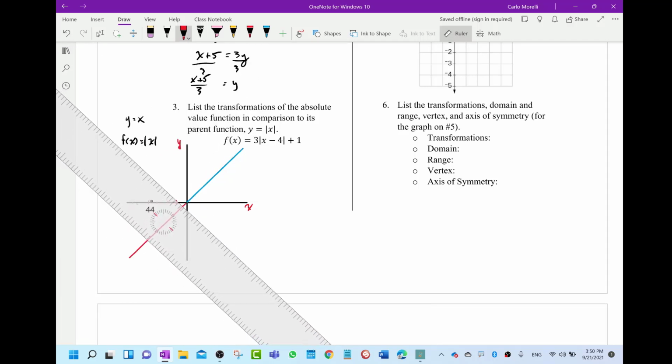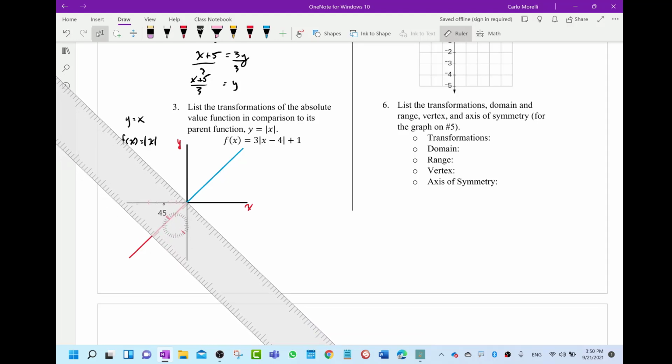It's going to be a 45-degree angle. Okay, if you reflect all those negative x values, look what you get. You get what looks like an absolute value function. And that's exactly how that's formed. So there's the parent function, f of x equals absolute value x.